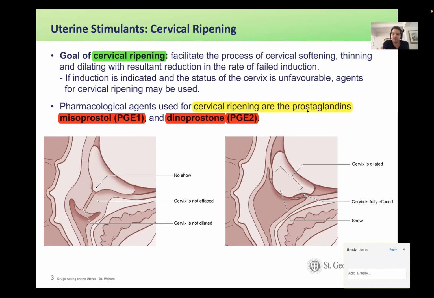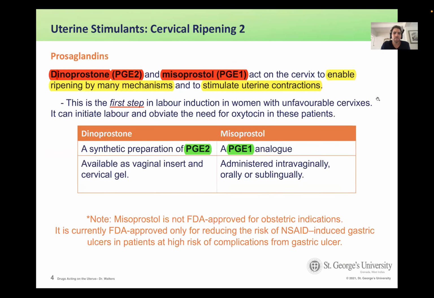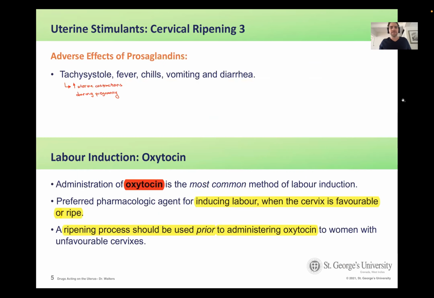So if it's time for the baby to be delivered, you can use misoprostol to relax the cervix for delivery. But if it's used as an abortifacient, it'll cause cervical ripening prematurely and deliver the baby prematurely. So know these prostaglandin analogs: they ripen the cervix and stimulate uterine contractions as well.